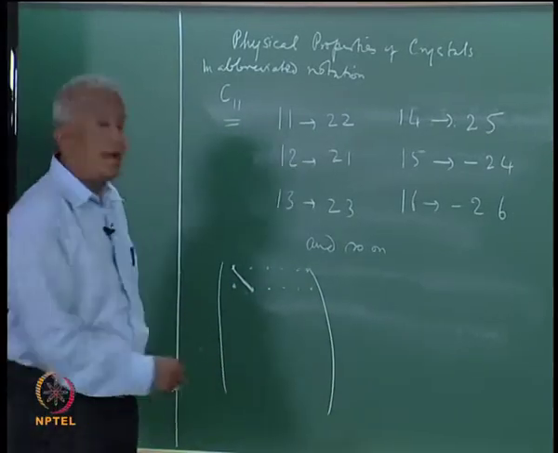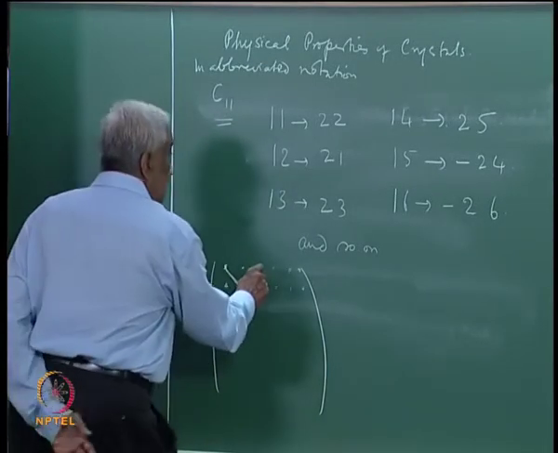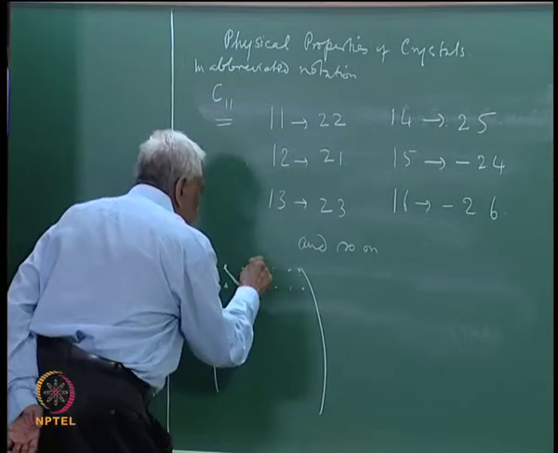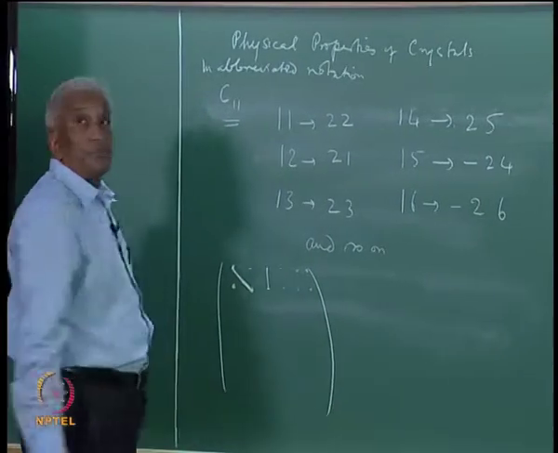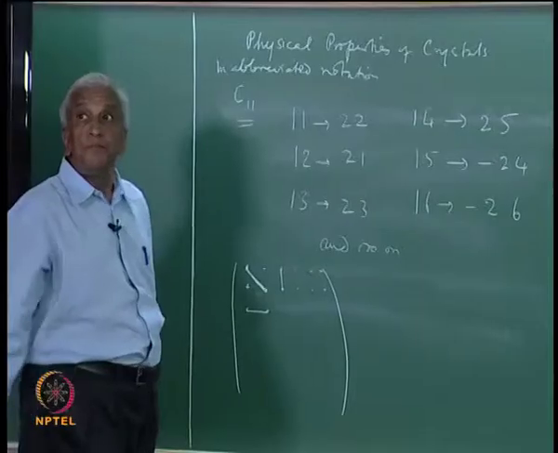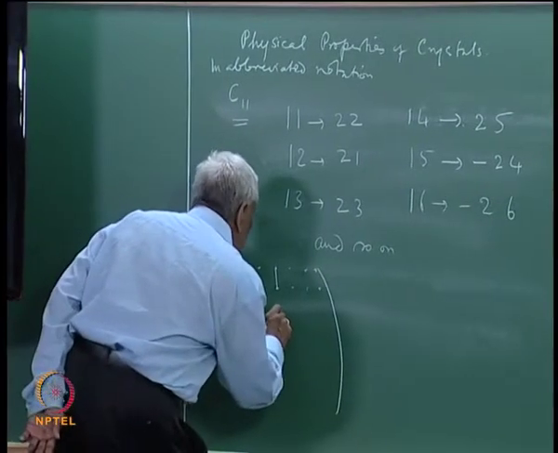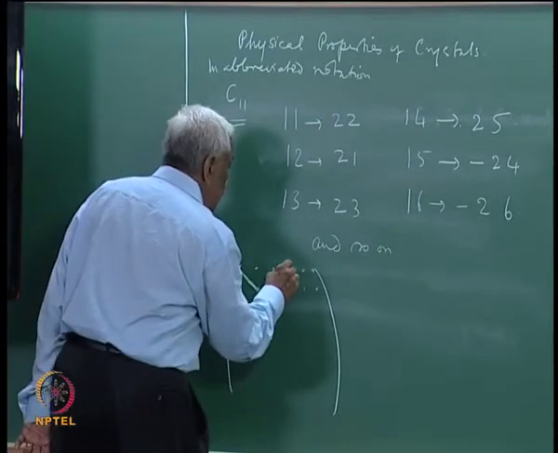Then we find C33, 13 becomes 23. So, these two are equal, and then in the same way we can check that this will be the same and this will be there, but these will vanish.